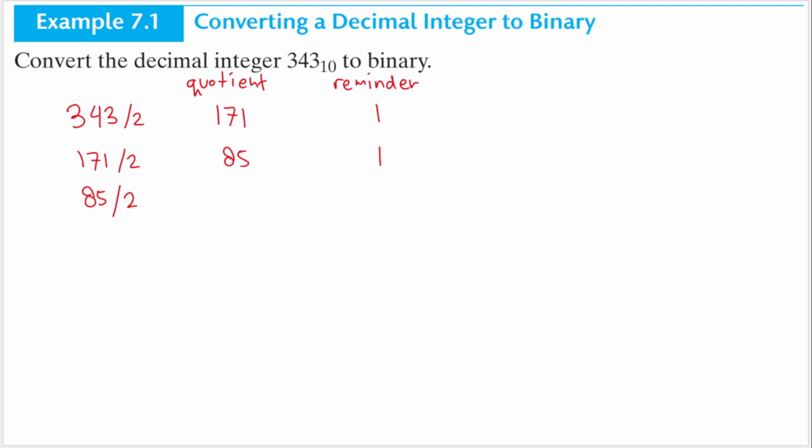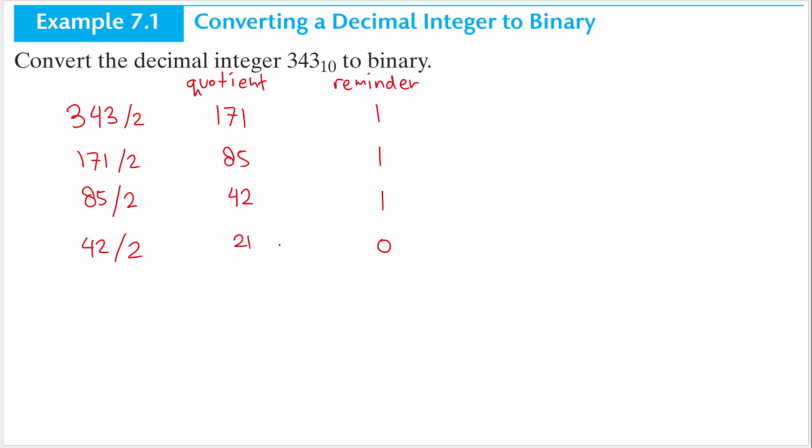That will be 42, but we have a remainder of 1. Now put it here, 42 divided by 2. We will have 21, but this time there is no remainder, so I'll have 0 here.